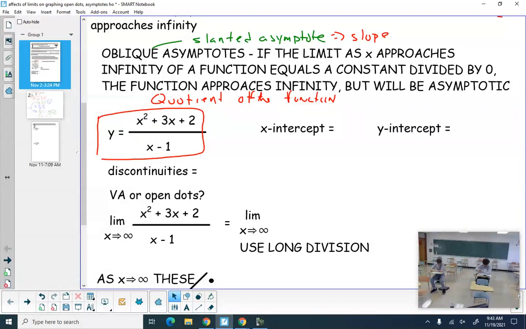If we take a look at this function, x squared plus 3x plus 2 over x minus 1, let's determine what our x and y intercepts are going to be. The y-intercept is a lot easier of the two. Y-intercepts occur at x equals 0.